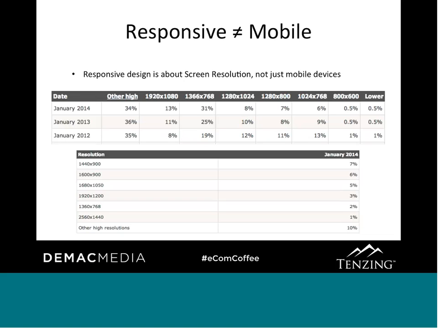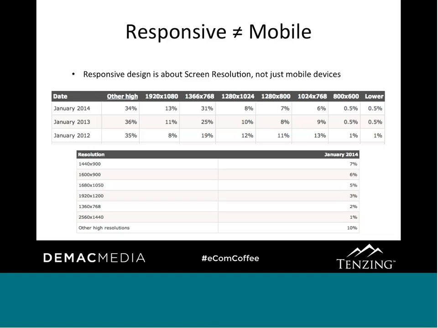Now, every time we talk about responsive, we also talk about mobile, and it's very common that these two get sort of intertwined. But one point that we want to make sure you get across is that the strength of responsive and the importance of it being part of your strategy isn't only because it's a strong tool for mobile. Responsive does not necessarily mean mobile. Responsive design is all about screen resolution and making sure that your site and your user experience is strong across different resolutions.